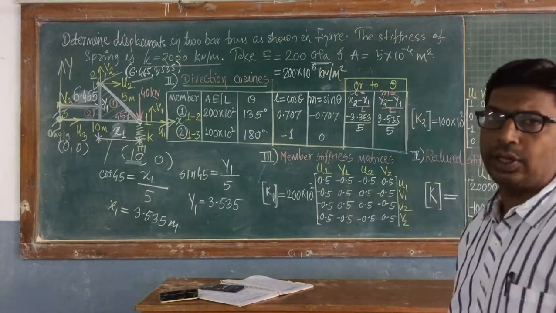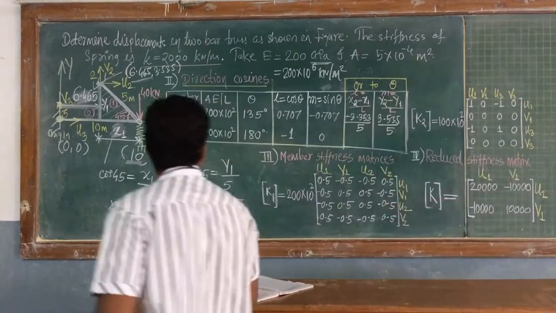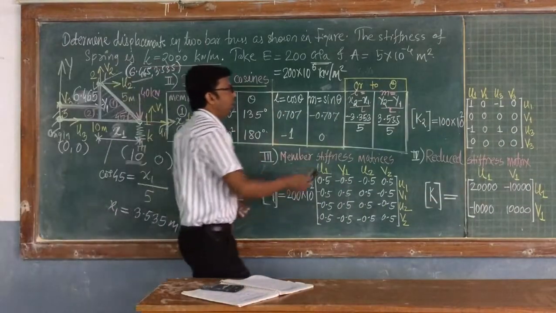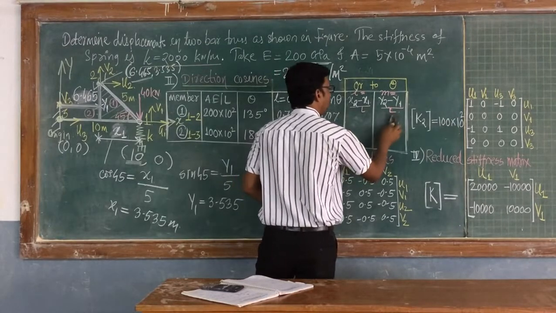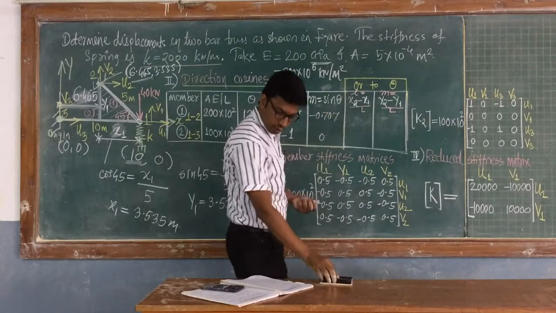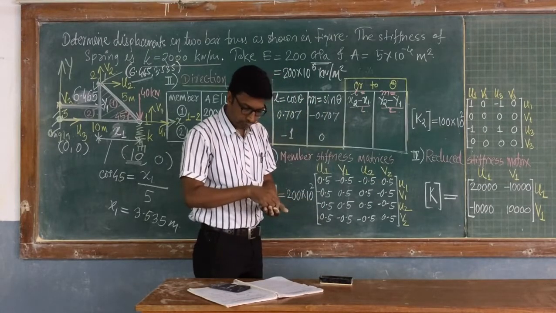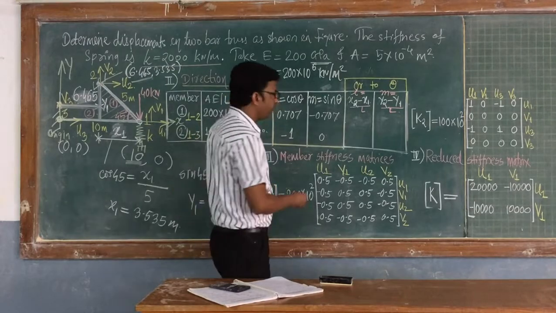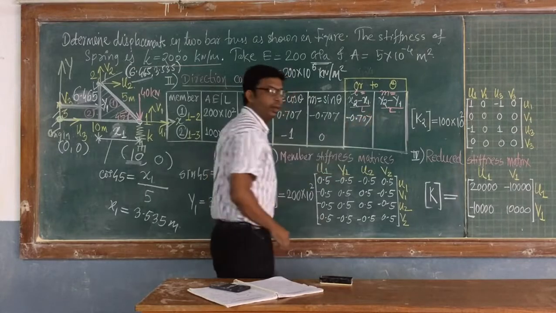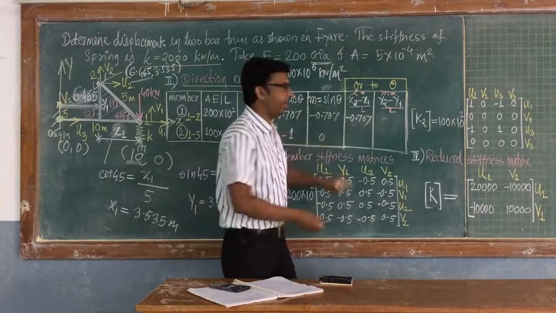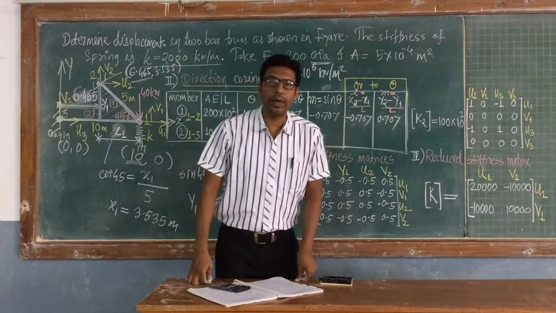So this is the calculation. 3.535 upon 5, if you calculate, you get minus 0.707, and this is plus 0.707.